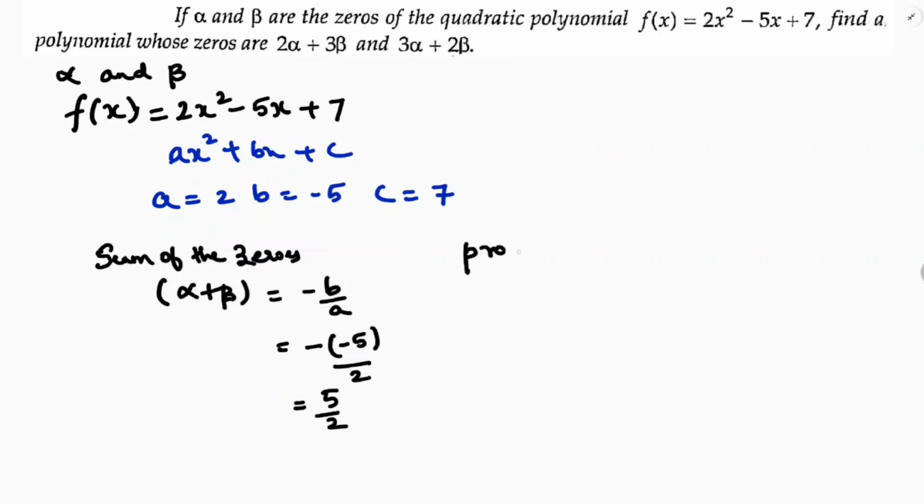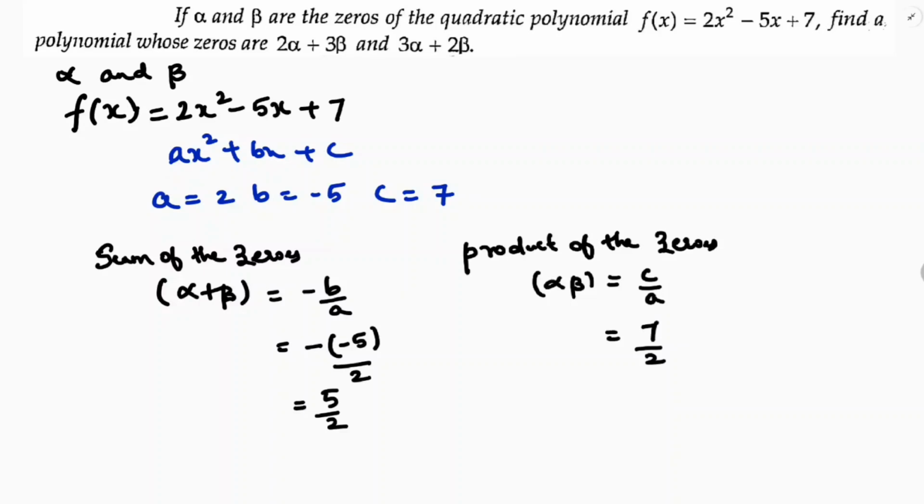Now I'll calculate the product of the zeros, alpha into beta, which is c by a. C is 7, a is 2. Now alpha plus beta and alpha into beta, I got the values.